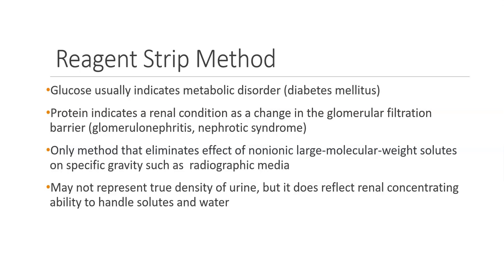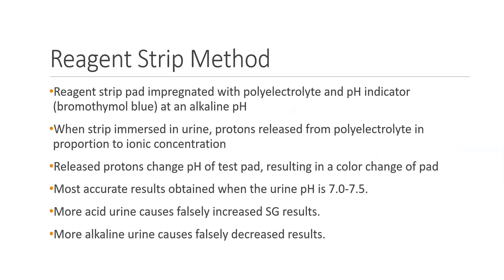It may not represent the true density of the urine, but it does reflect renal concentrating ability to handle solutes in water. You've used reagent strips to chemically examine urine, and for specific gravity, the reagent strip pad is impregnated with polyelectrolyte and a pH indicator, bromothymol blue, at an alkaline pH.